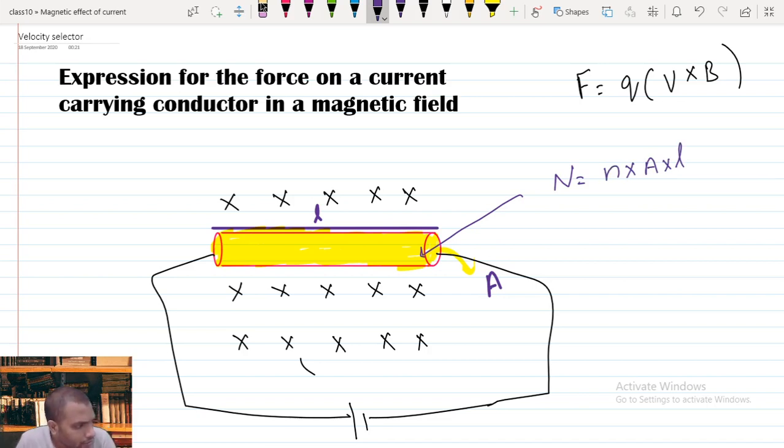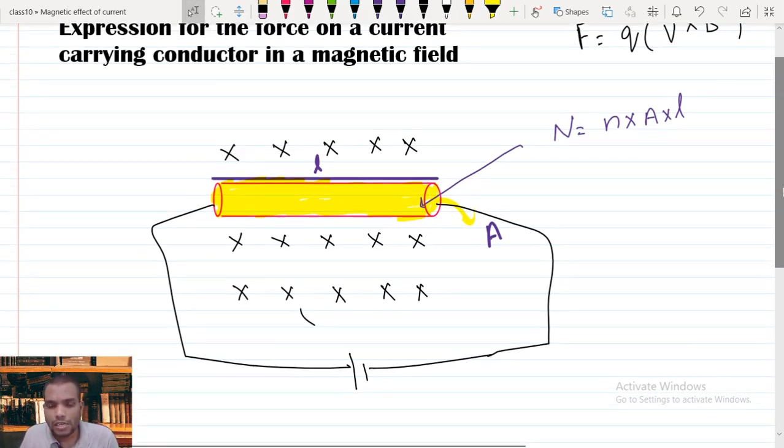Here small n is the number of free electrons per unit volume. Capital N I can take as the total number of electrons in the conductor.